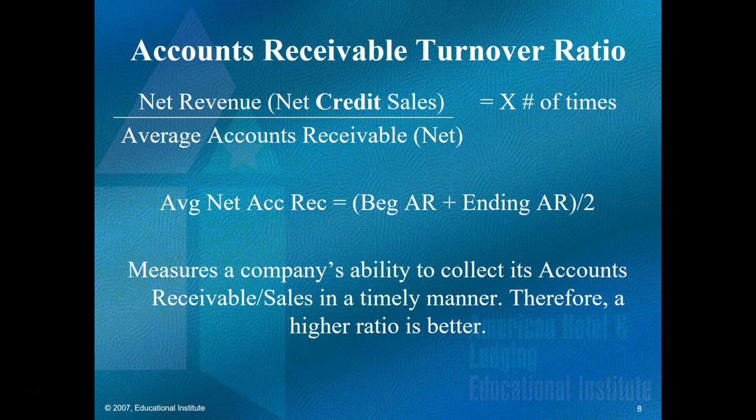Then for our average net accounts receivable, it would be beginning accounts receivable at October 1, ending accounts receivable at December 31, divided by 2. So whichever time period we're looking at, we've got to make sure that we are including the correct revenue for that time period, and then we need to make sure that we include the beginning and the ending accounts receivable at the correct time periods. Otherwise, your ratio is going to be out of whack.